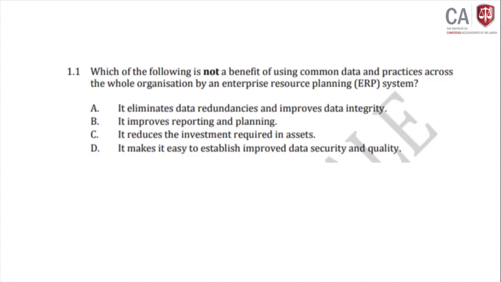Since you have everything in a centralized database, you don't have any duplication of data, which is an advantage. Otherwise, if you have separate systems, one for accounting and another for supply chain, it creates duplication of data. It won't happen in an ERP system.